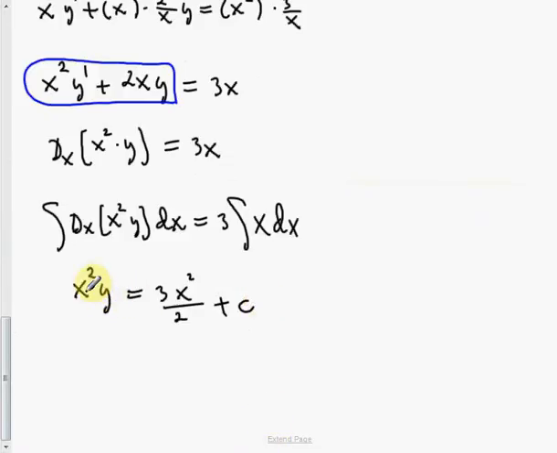Divide through by the x squared to get the y by itself, if that's possible. Sometimes it's not easier to do that. So this implies that y is equal to 3 over 2 plus c divided by x squared.